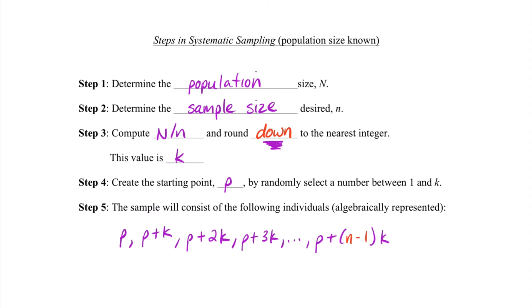It's n minus 1 because we started off with p plus 0k. So the pattern would be our first, second, third, fourth, etc. individual selected. But a lot of times in a classroom setting, you'll be asked to find the first individual selected and the nth individual selected. So it would be beneficial to remember this algebraic approach so you can jump straight to that last individual. And that would be our systematic sampling.